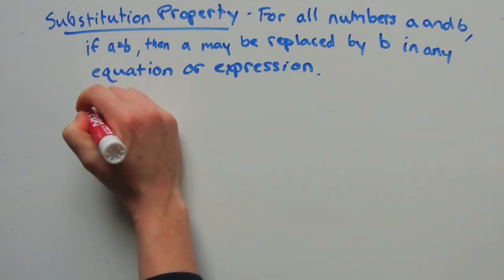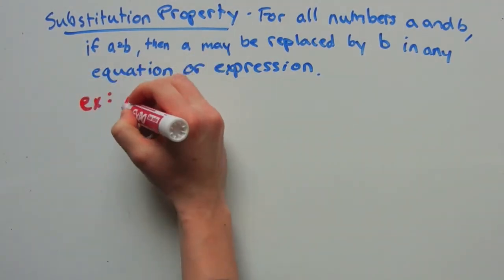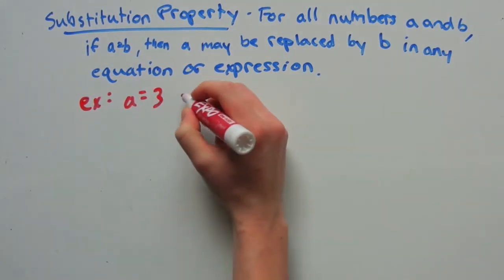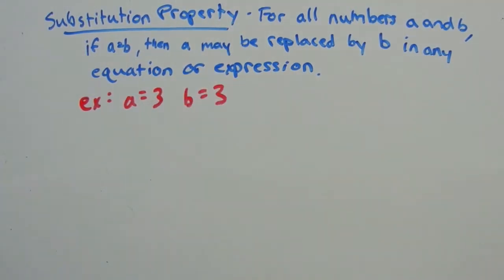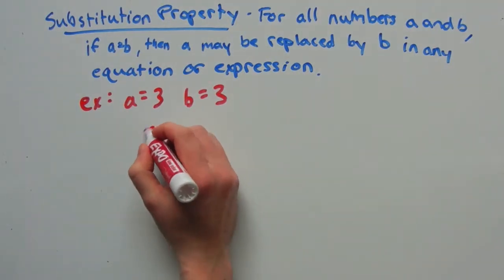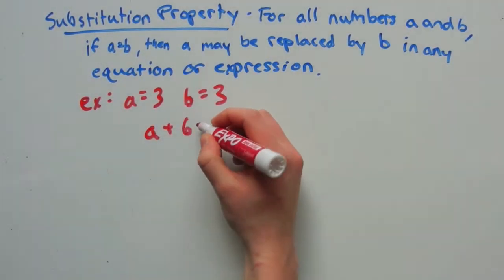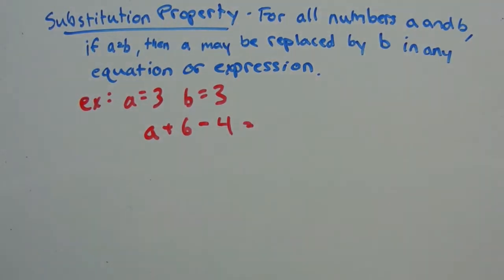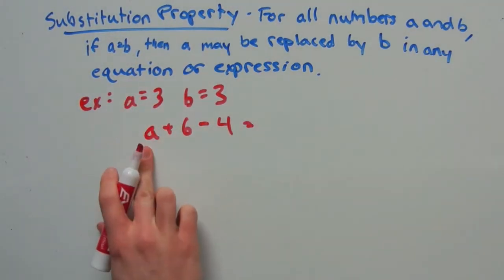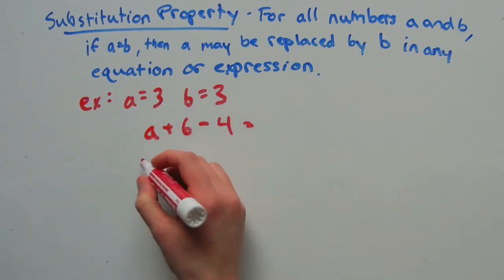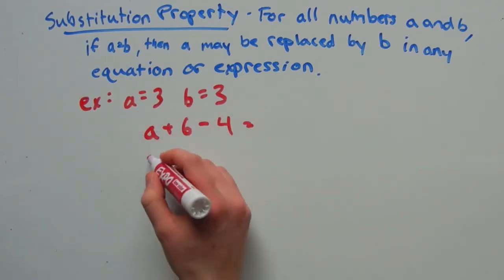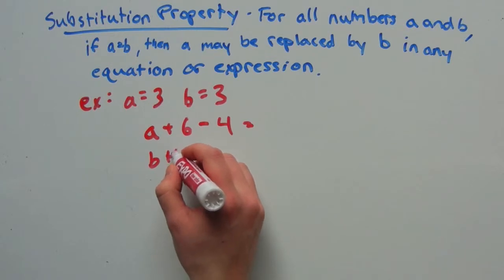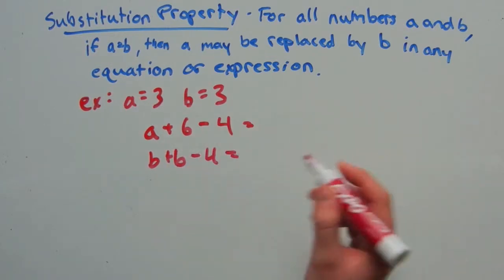An example of this would be if I said that a was equal to 3 and b was also equal to 3, and I said figure out what a plus 6 minus 4 is. Well, instead of substituting in a, let's go ahead and use b, because we know that a and b are equal, so b plus 6 minus 4, and see what that equals.